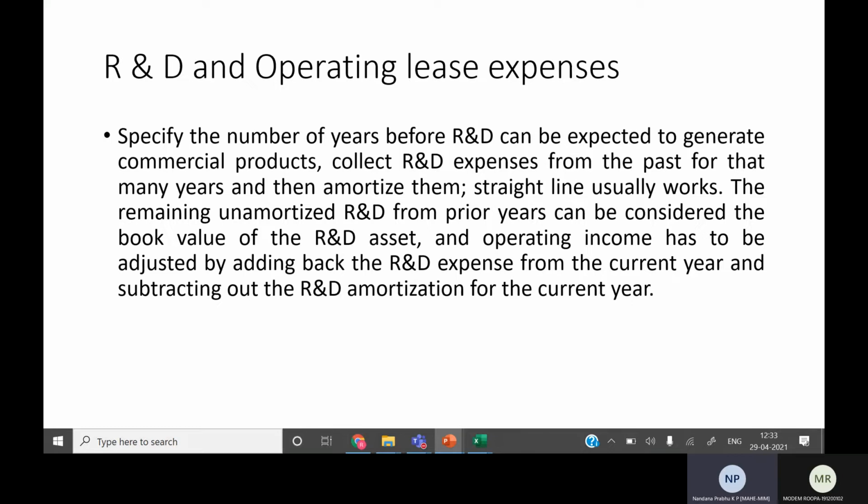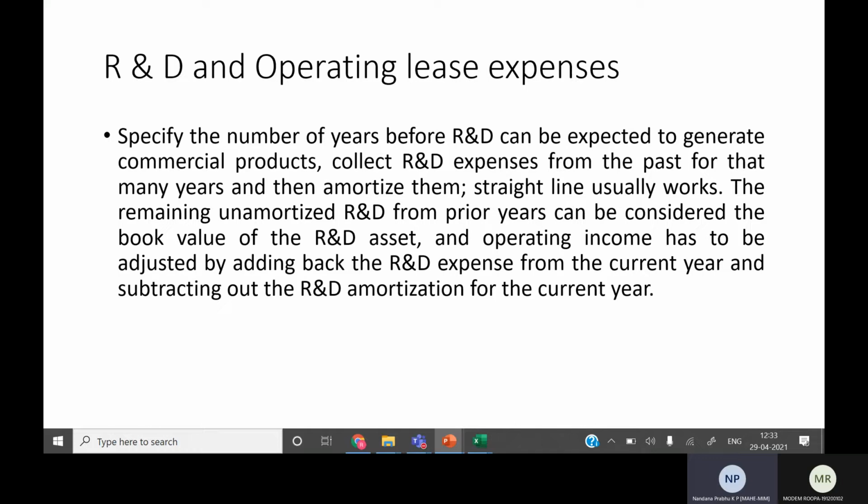Collect R&D expenses from the past, for the last one, two, three years, and then amortize them. Straight line usually works. The remaining unamortized R&D from prior years can be considered the book value of the R&D asset, and operating income has to be adjusted by adding back the R&D expense from the current year and subtracting out the R&D amortization for the current year.